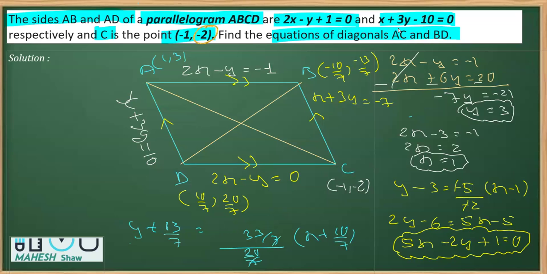Now, if we do cross multiplication or take LCM first, this will give you 7y plus 13 over 7 is equal to 33 over 20 times 7x plus 10 over 7. This is 33 over 20, right?